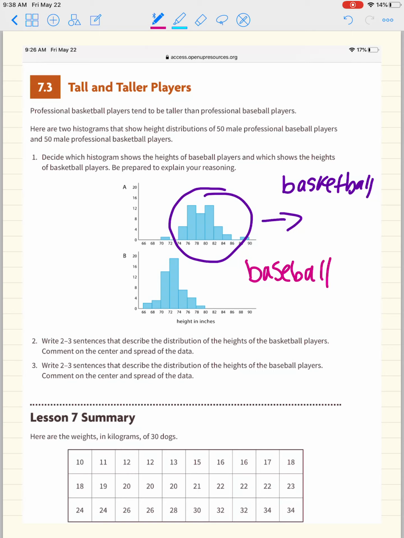And then basketball has less of a center height, which shows that in general there's more variability in heights. And baseball has a higher center, which shows that more of the players are around the same height. Okay, I hope that helps.